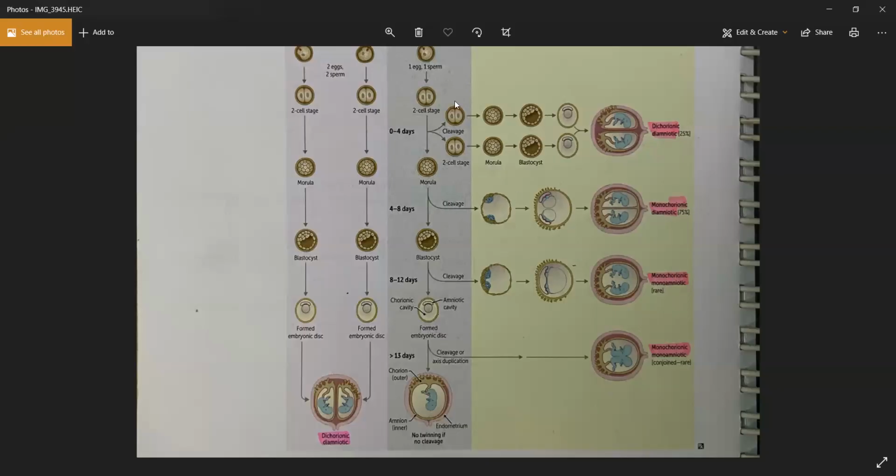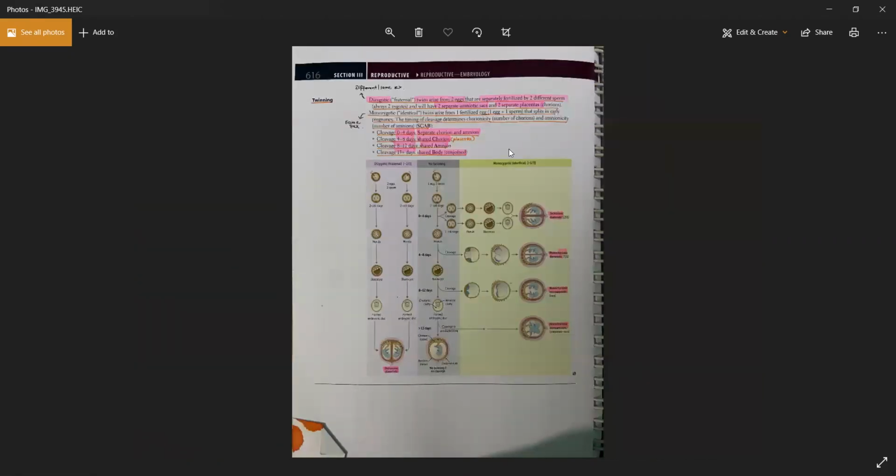Dependent upon the arrangement, you will say whether it is 0-4 days, 4-8 days, 8-12 days, or after 13 days. So know the table of 4: 4 ones are 4, 4 twos are 8, 4 threes are 12. Within the first 4, it will be dichorionic diamniotic. Second 4, monochorionic diamniotic. Third 4, monochorionic monoamniotic. So any doubt?